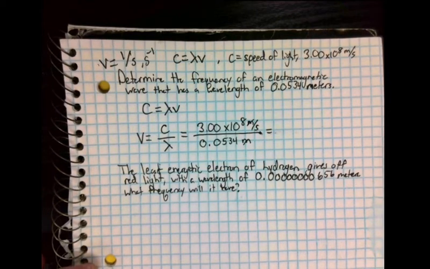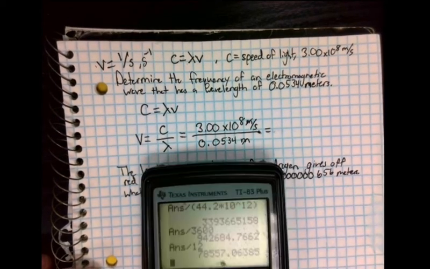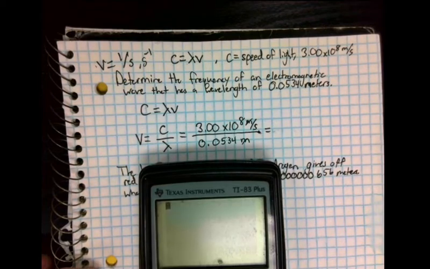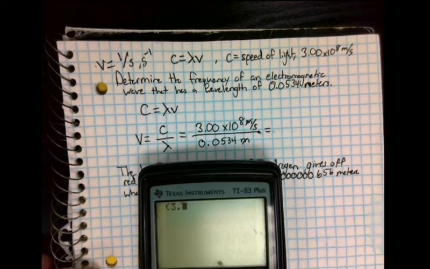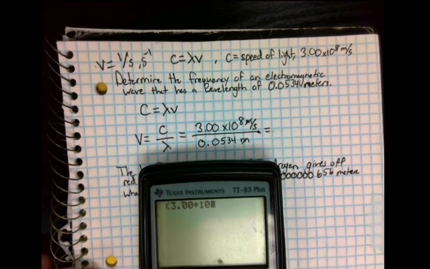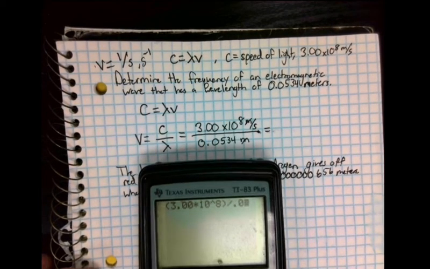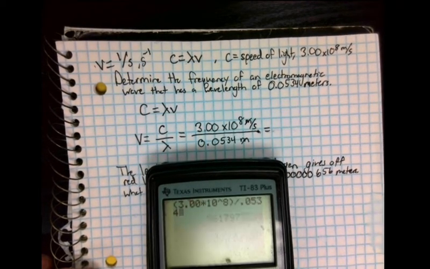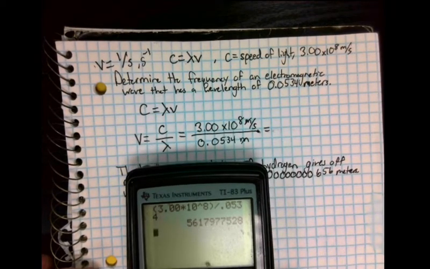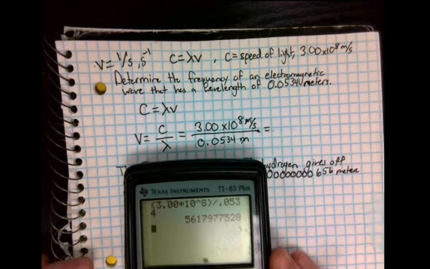Now we're going to take this number and plug it into our calculator. I'm going to put this in parentheses, 3.00 times 10 to the 8th divided by 0.0534. And I got a really big number in this case.